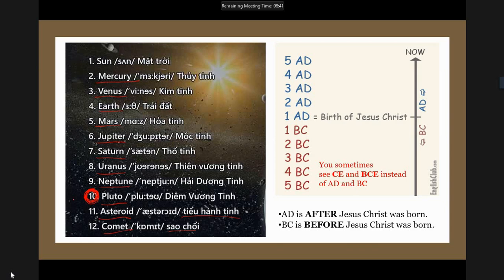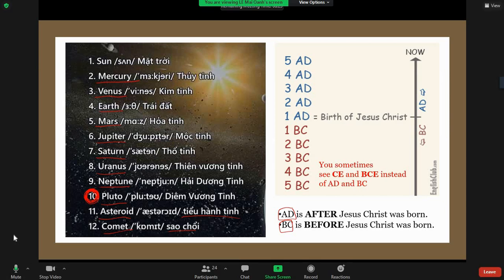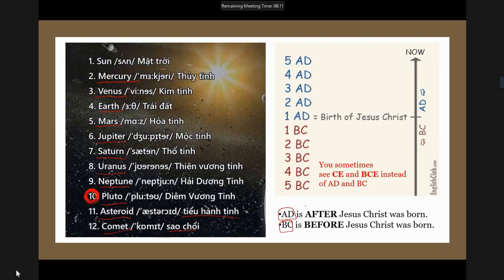You also need to remember, you already know AD and BC, for example, the AD and BC symbols in history. So what is BC and what is AD? Trước công nguyên và sau công nguyên. It is the symbol or abbreviation of after Jesus Christ was born and before Jesus Christ.